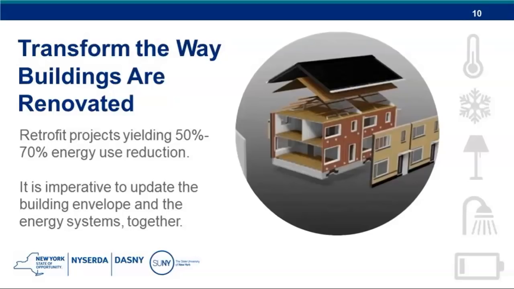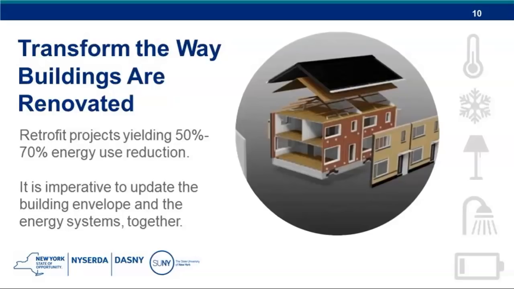What does that mean? We can no longer do HVAC retrofits in a building without doing the envelope. We can no longer do the envelope without doing HVAC retrofits. The two are so intertwined that they have to be done together. In the past, we often didn't do major envelope retrofits because they were on their own not energy efficient enough.